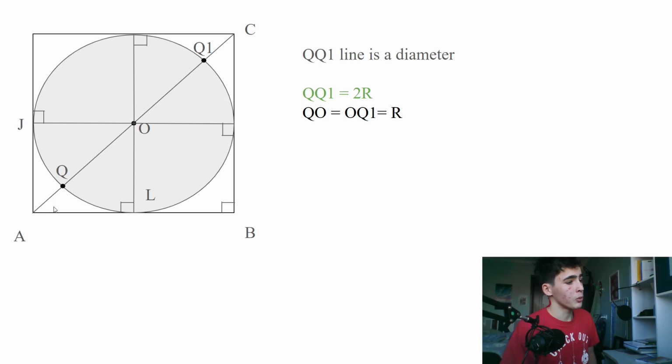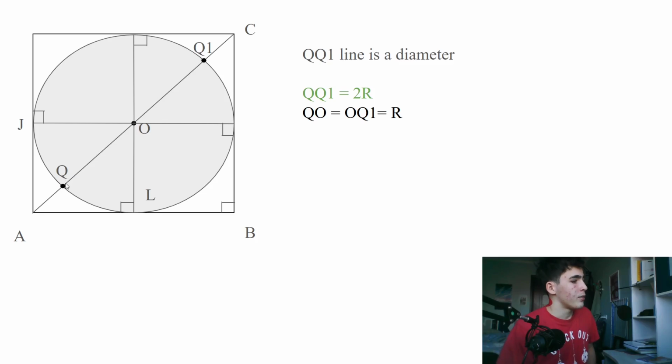In this conclusion, we see that QQ1 is a diameter. OQ is a radius because it comes from the point O, which is the center of the circle, and OQ1 is also a radius because it comes from the same center. QQ1 is the sum of radiuses, which is 2r, but we can't simply say that it is a diameter.